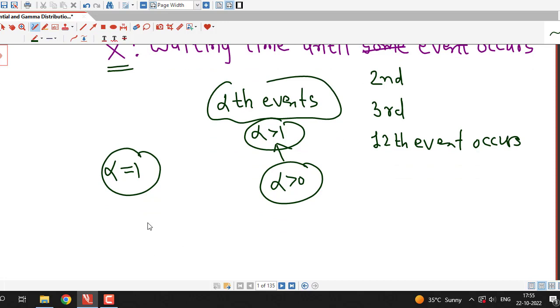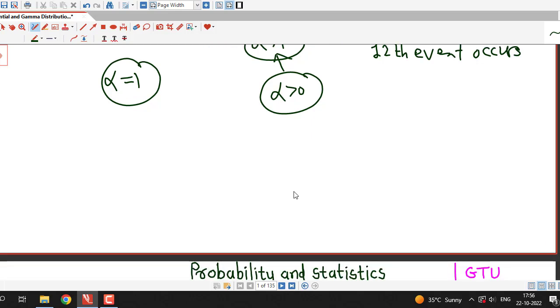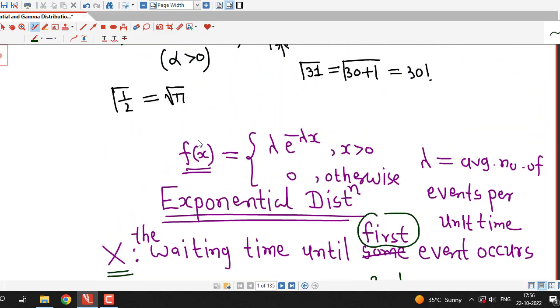So in the situation where we are interested in modeling the waiting time until the alpha-th event occurs, we will use gamma distribution.